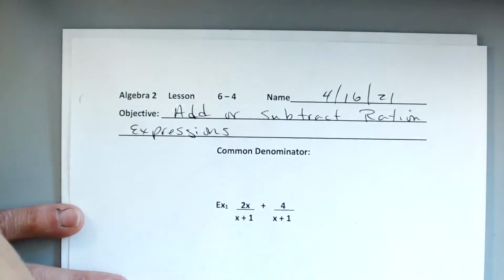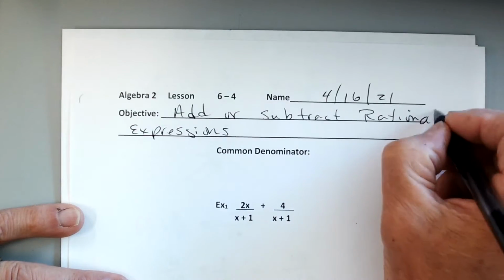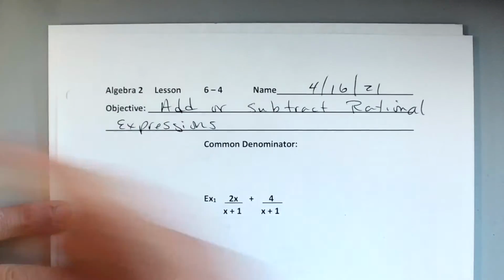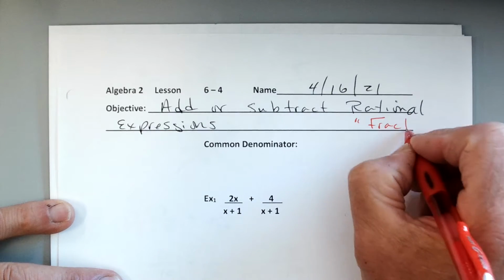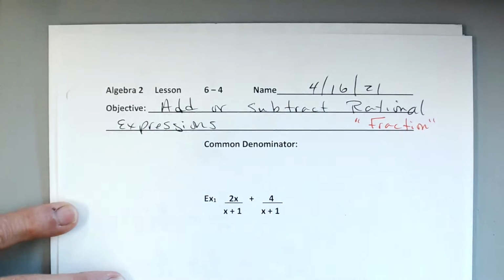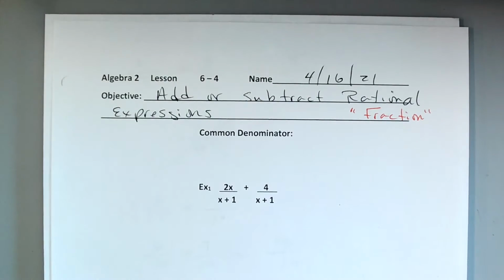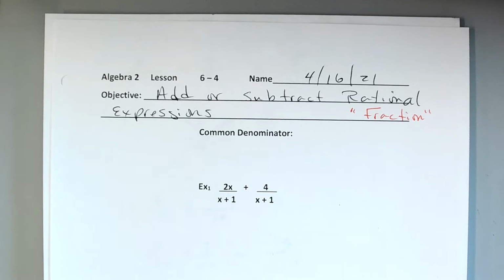Okay, so the word rational means fraction, right? Hopefully you've got that. Oftentimes you'll see in some different SAT questions, they'll say something about a rational number, and kids don't have a clue what a rational number is, but you guys do. A rational number is just a fraction, okay?